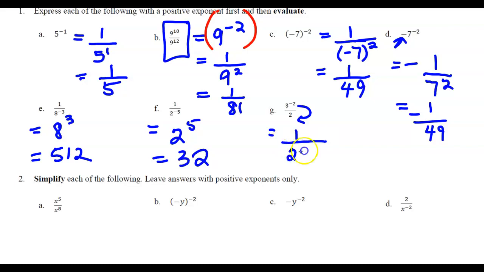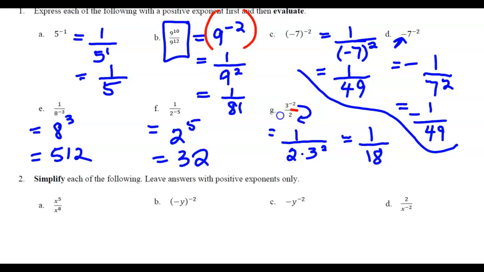So this is going to be 2 times 3 squared, which is 1 over 9 times 2, which is 18. So you do not bring the 2 back up to the top. That 2 does not have an exponent on it, so it stays where it is. You only move things if it's got a negative exponent.